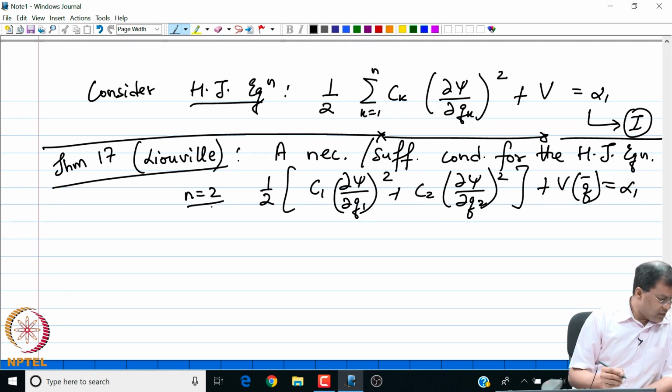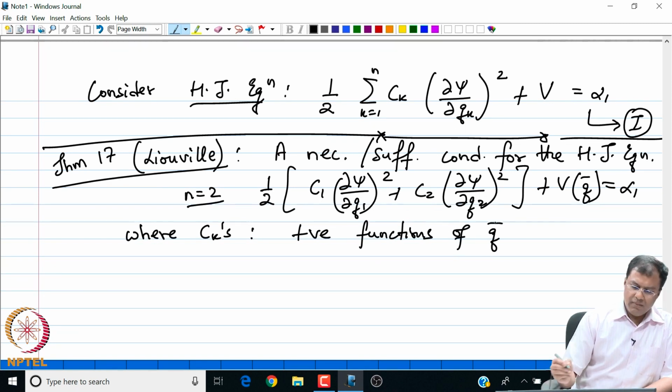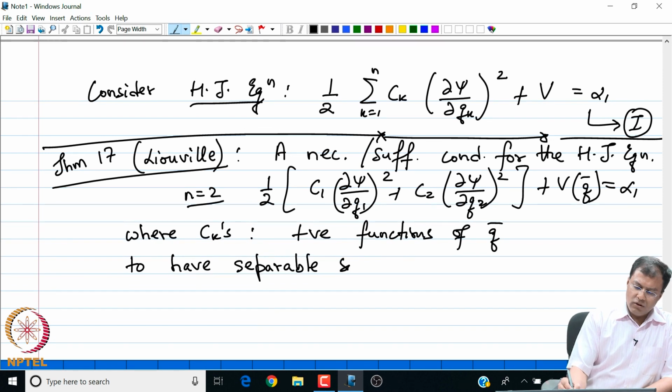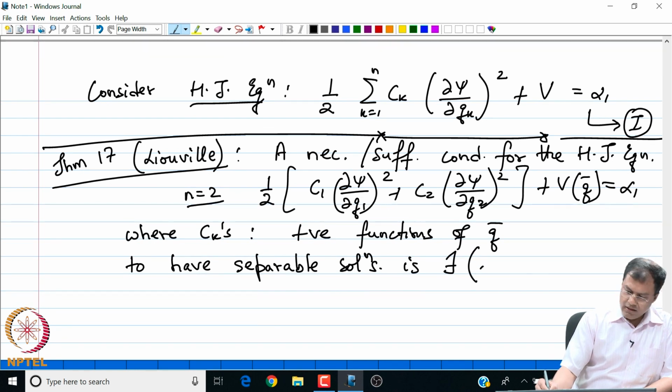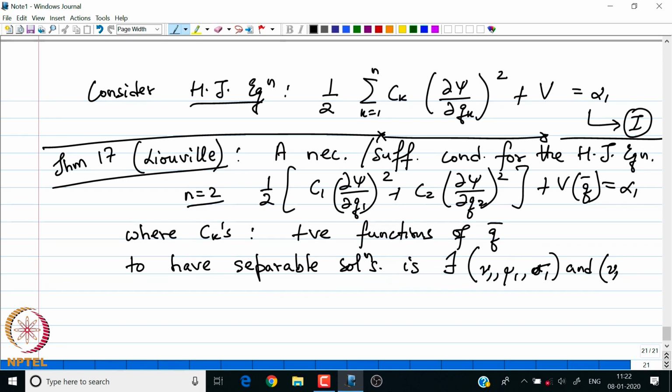So a necessary and sufficient condition for this equation, where my constants Ck are positive functions of my variable q bar, to have separable solutions is the existence of these constants nu1, mu1, sigma 1 and nu2, mu2, sigma 2.